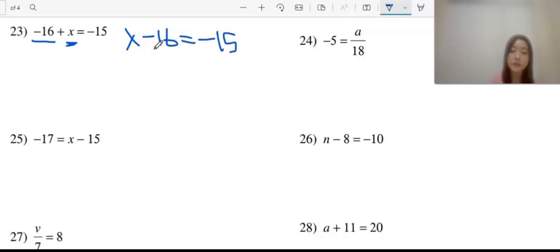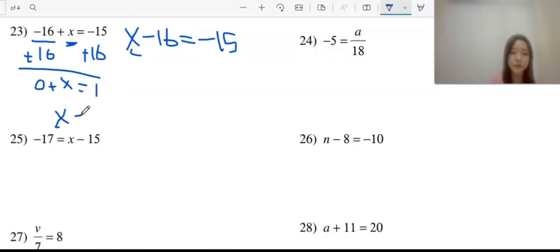So we can also say that x is subtracted by 16, so we want to add 16 back. That makes it x, because this is 0 plus x. And we also do it on the right side. So negative 15 plus 16 is equal to 1. So that makes x equal to 1.